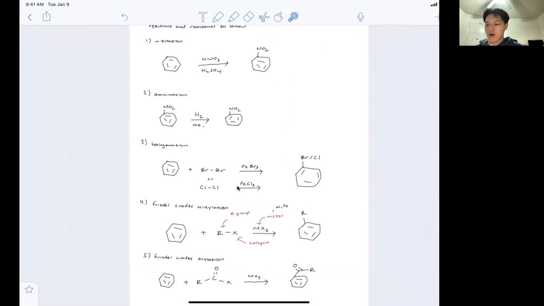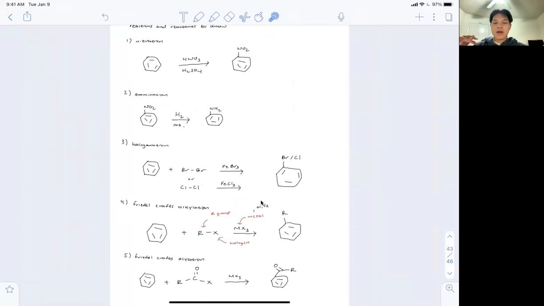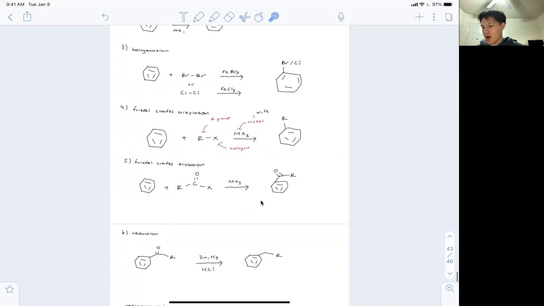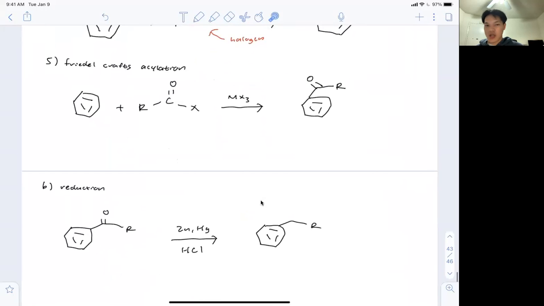So if I show you a reaction like, I want to turn this into this, how do you do that? This is why I'm showing you these reactions, because I'm sure that your teacher will test you on whether or not you know how to synthesize this compound from this starting material. And I just want you to get these solvents and reactants under your belt so you're ready for that, okay? I know it's a lot and I'm sorry, but you have to do what you have to do, I guess.